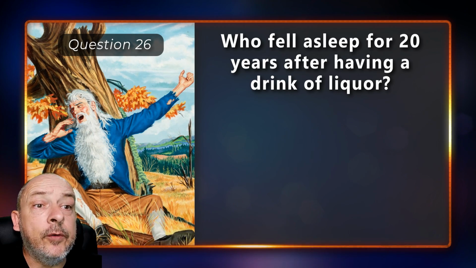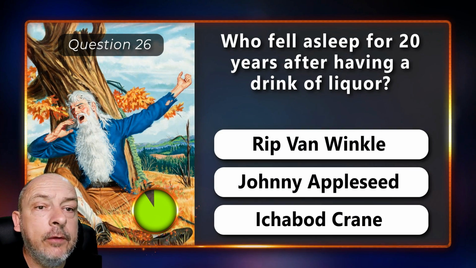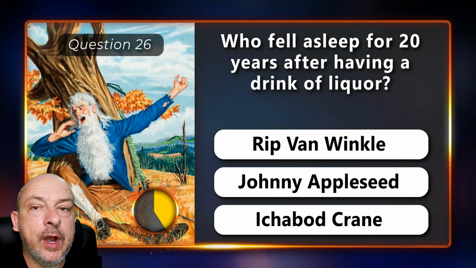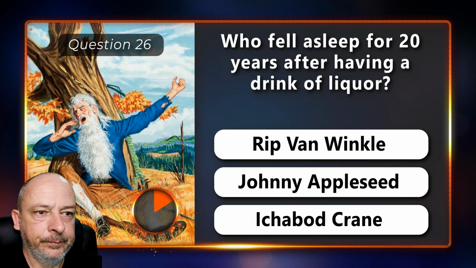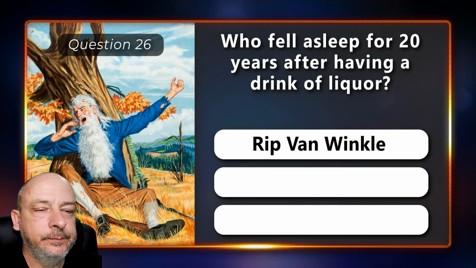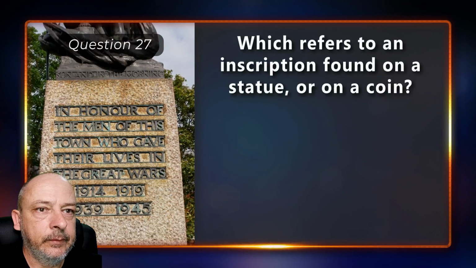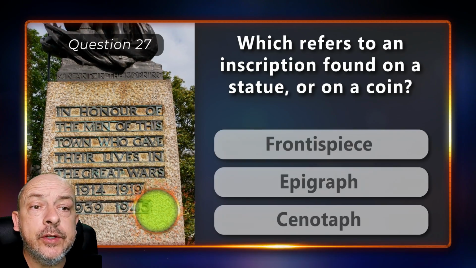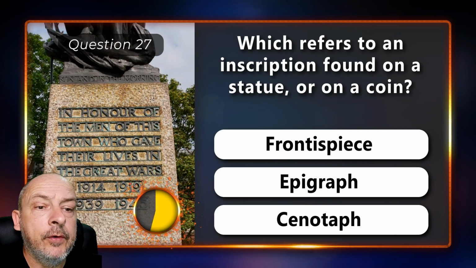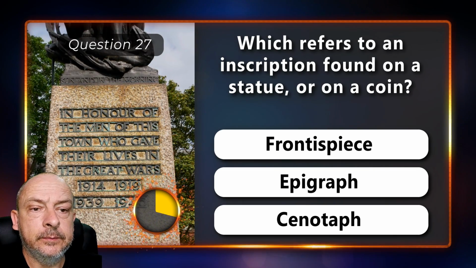Who fell asleep for 20 years after having a drink of liquor? Rip Van Winkle, Johnny Appleseed, or Ichabod Crane? Rip Van Winkle is the answer. Which refers to an inscription found on a statue or on a coin, a frontispiece, an epigraph, or a cenotaph?